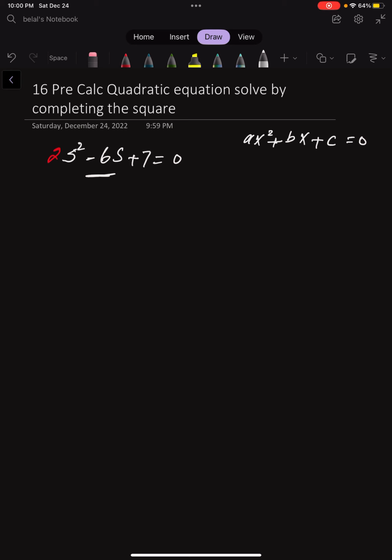So the first step we do, we say 2s squared minus 6s equal, we're going to subtract 7 from both sides. So it will be equal to minus 7. Then we divide by 2. So it will be s squared minus 6 over 2, that's 3s, equal to minus 7 over 2.